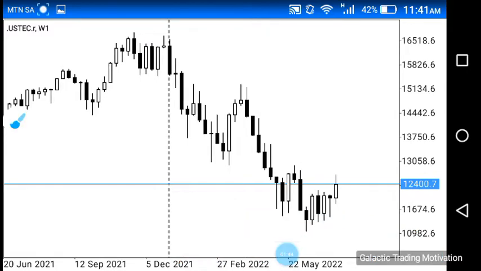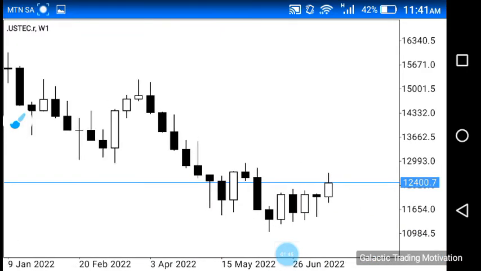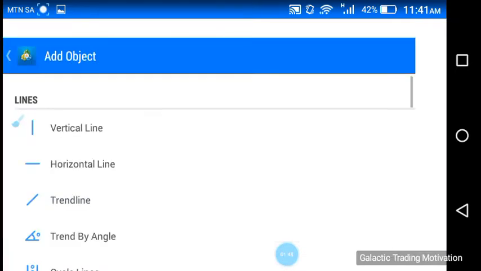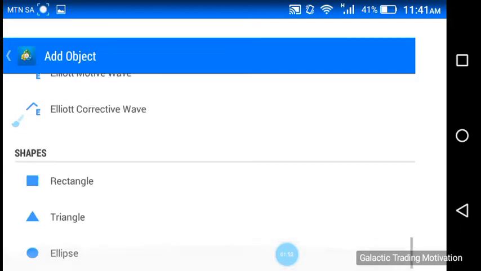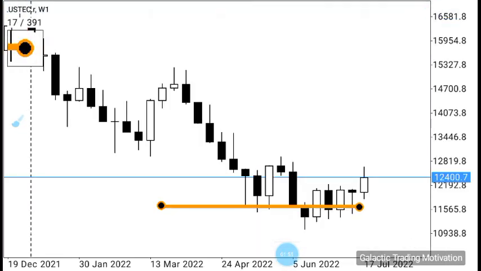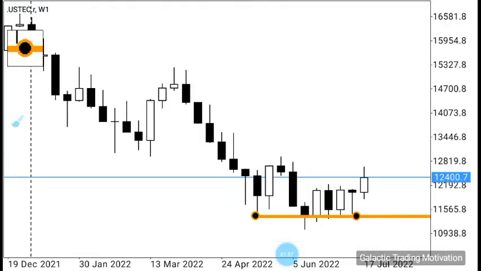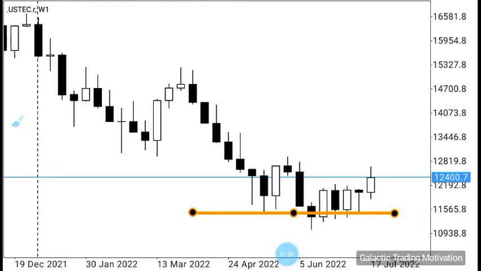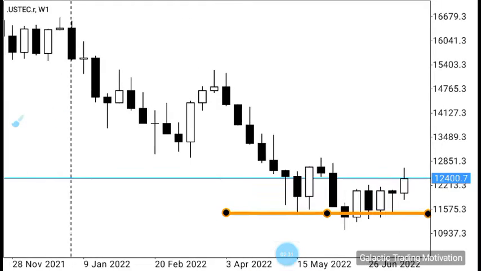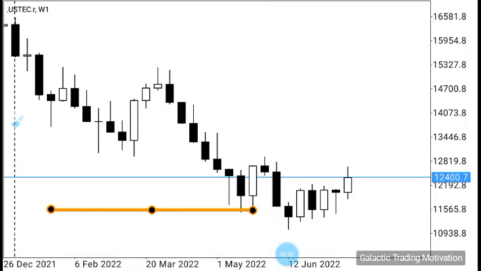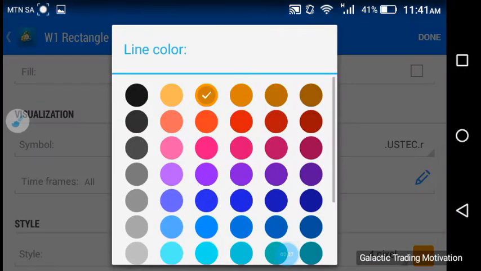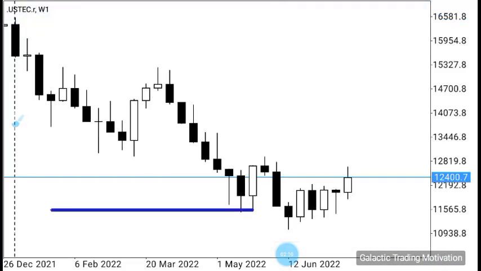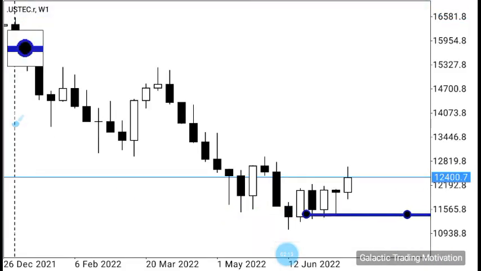Anyway, I'm just going to mark those two candlesticks again because they're very important, so just bear with me, guys. Okay, I'll just make it a blue color. There we go. There goes our first liquidity candlestick.